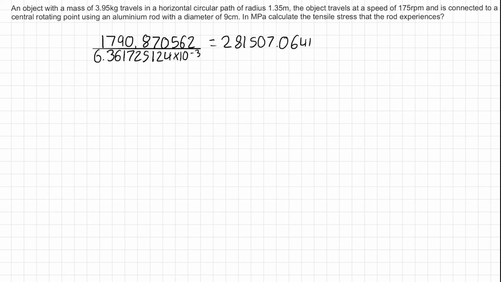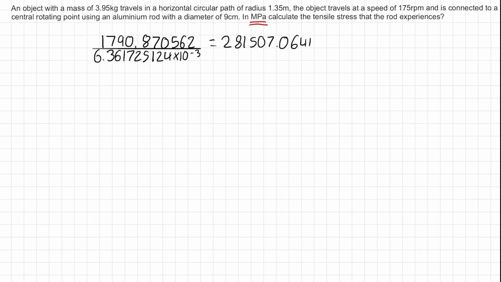As it says, you need to calculate it in megapascals. If you were to just leave it like this, you'd lose a mark because you've gotten to the right answer, you just haven't finished the final step as it's asking for megapascals. So then we just convert that.